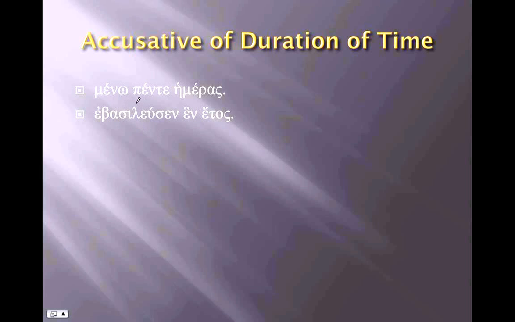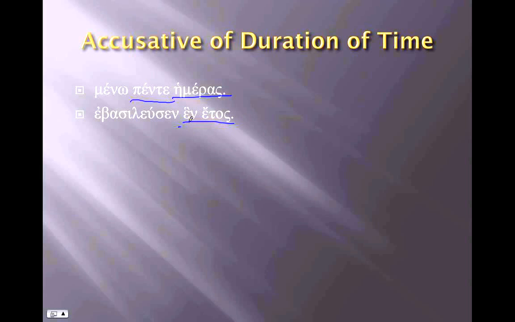So duration of time, accusative of duration of time, meno pente emeras. I am staying 5 days. So here's our time expression, here's our number, 5. Here's our time expression, for 5 days. I'm staying for 5 days. Or ebazelusen hen hetos. He was king for 1 year.